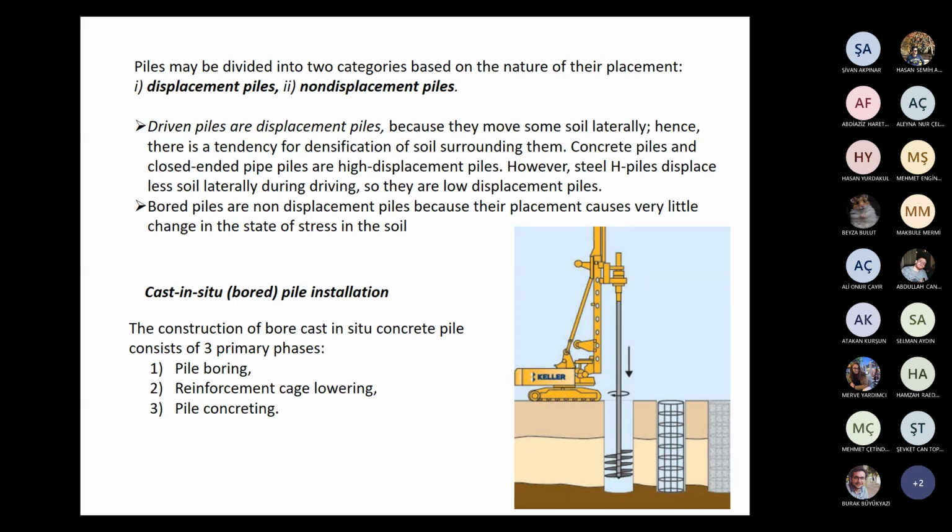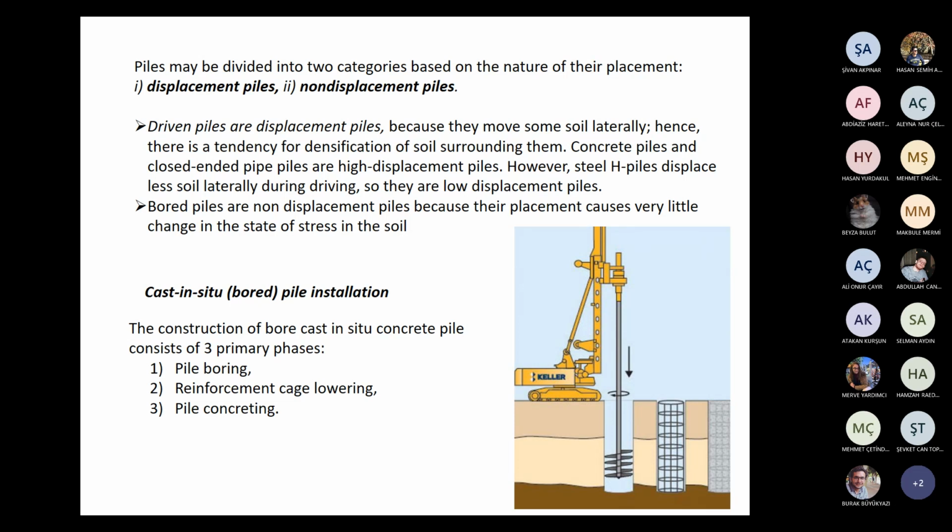From a different point of view, piles may be divided into two categories based on what? Based on the nature of the placement. From this point of view, piles may be displacement piles or non-displacement piles.